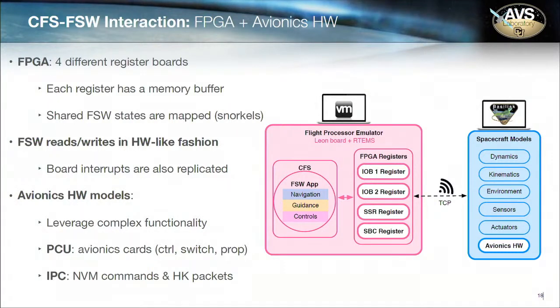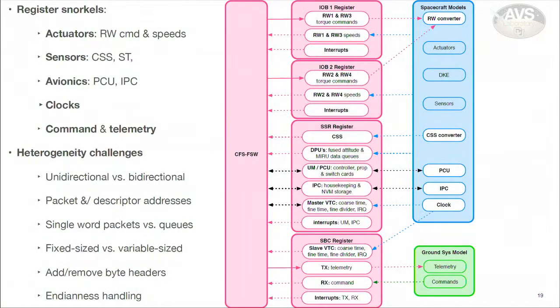A couple of examples of these avionics hardware models are the PCU, responsible for managing controller, switch, and propulsion cards, or the IPC, responsible for retrieving and storing NVM commands and producing housekeeping packets.